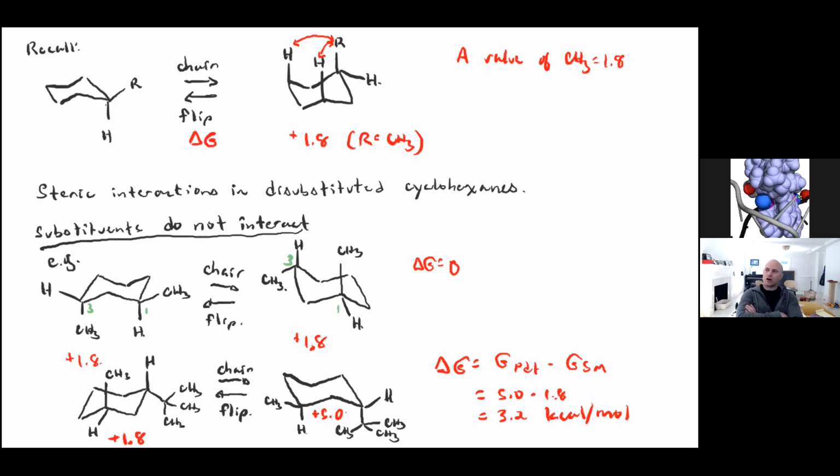The eclipsed conformer of ethane, for example, is 3 kcals per mole higher in energy than the staggered one. It's always relative because we're talking about equilibria. All right, so those are the two flavors of analysis when the substituents don't interact with each other.